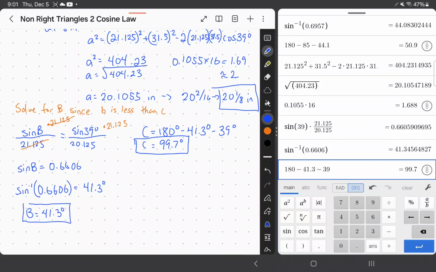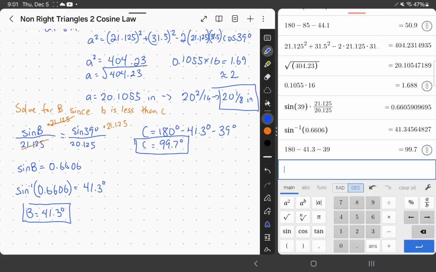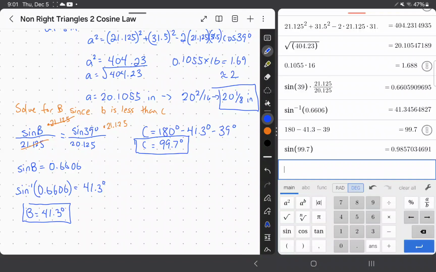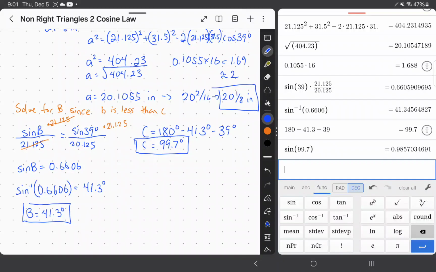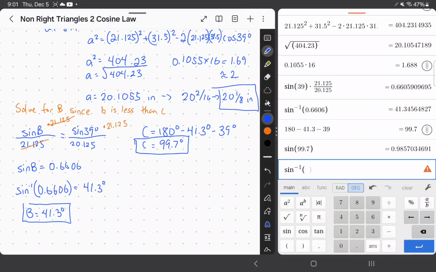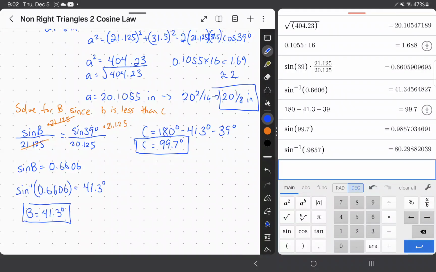Okay, just to highlight there, the angle we know is 99.7, but remember that exercise we had in the calculator, where if we take sine of 99.7, we get this sine value of 0.9857. This is the decimal we would have gotten if we were to start the sine law solving for angle C. But when we ask the calculator what the angle is for 0.9857, it would have given us an 80 degree angle.